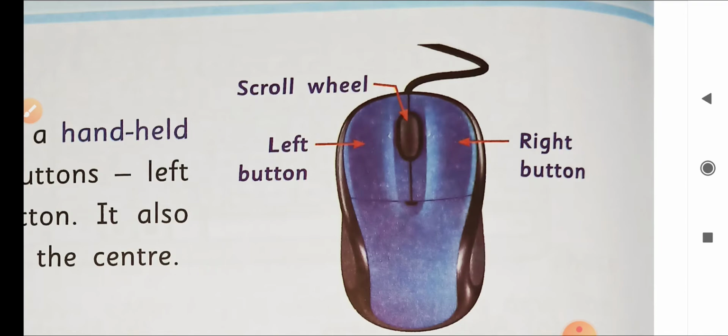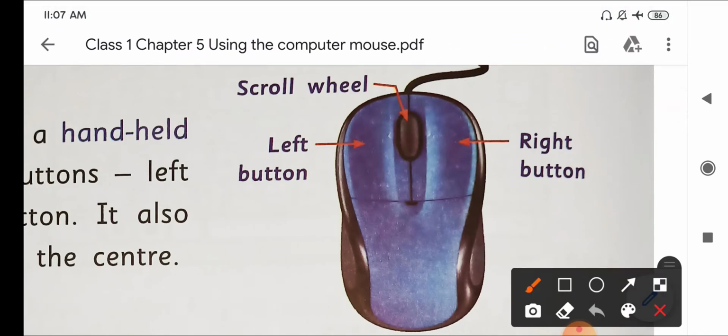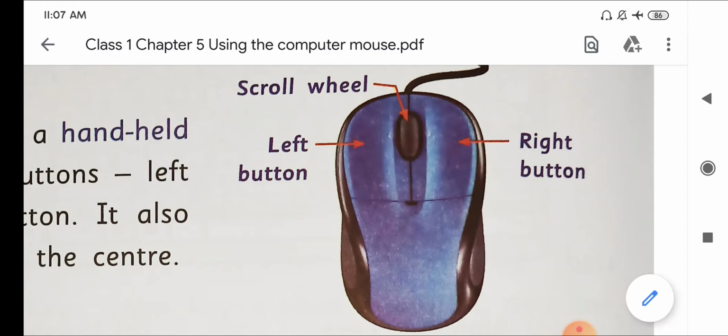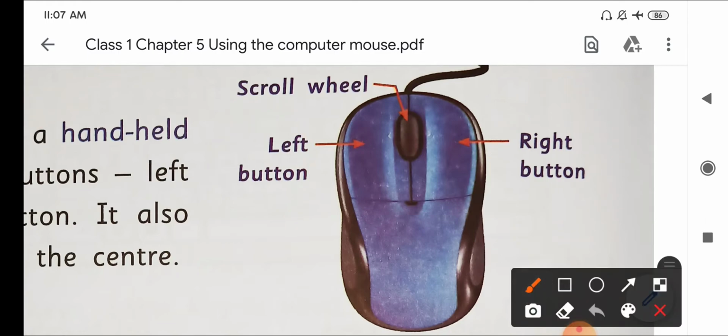How many buttons does it have? It has two buttons. What are they? First one is the left button, another is the right button. Towards your left-hand side there is a left button, and towards your right-hand side there is a right button. Then in the middle you can see there is a wheel-type structure.